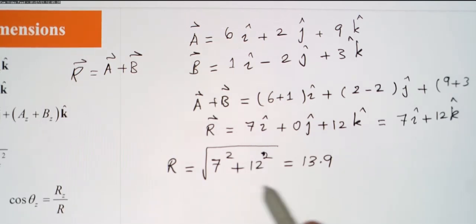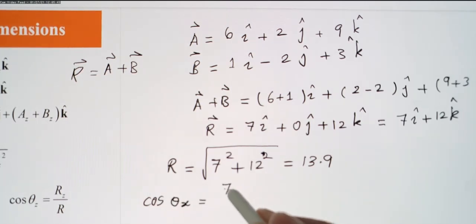Okay, now cosine theta x is equal to the component of x, 7 over 13.9.